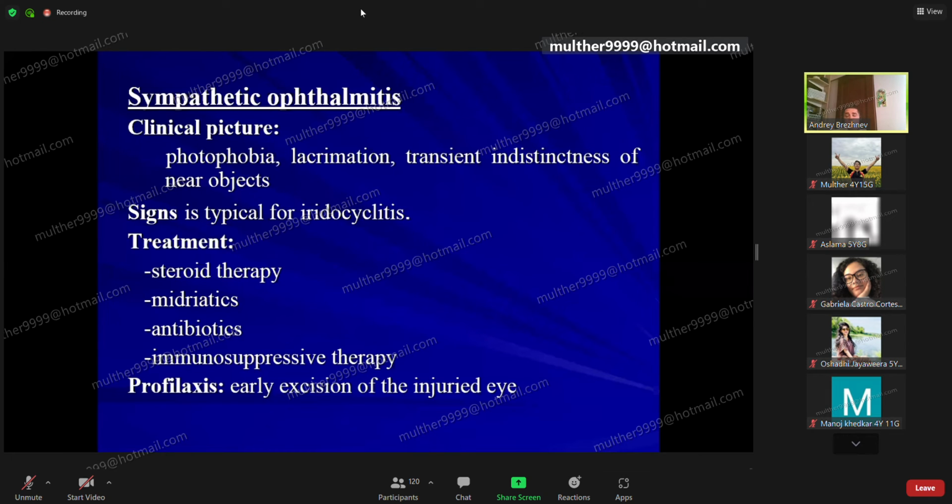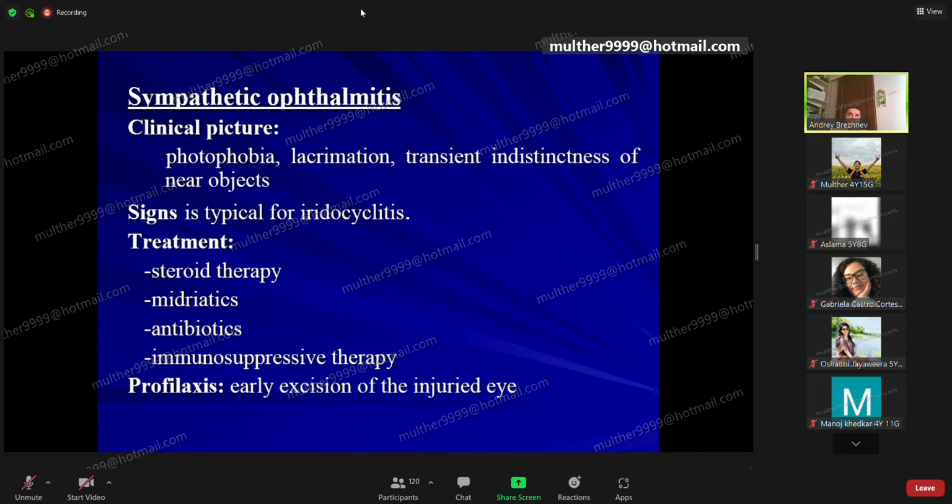But now I have to say that we live in the era of corticosteroids. We use them widely after surgery and after severe traumas, and the risk of sympathetic ophthalmitis is very, very small. It's a very seldom complication.